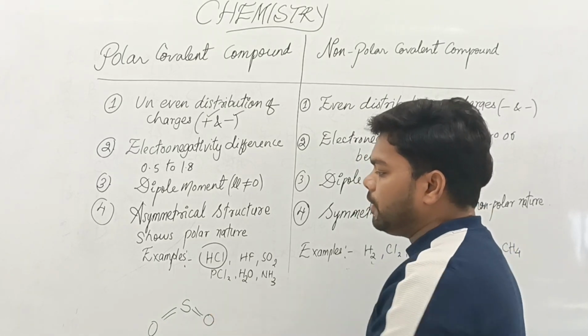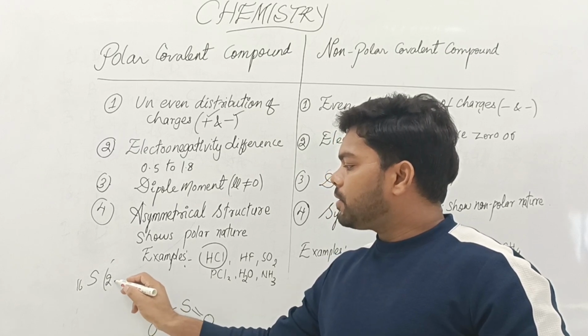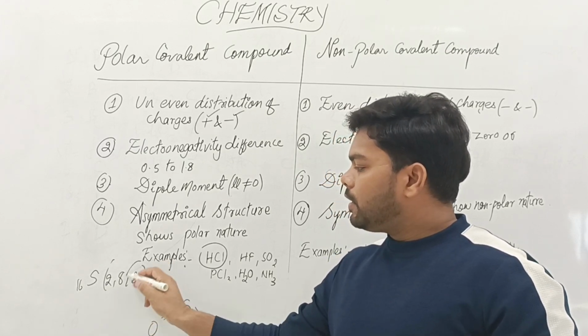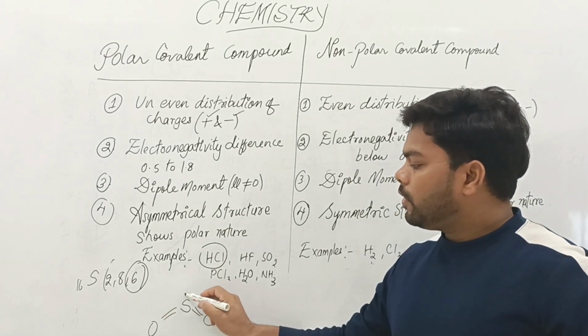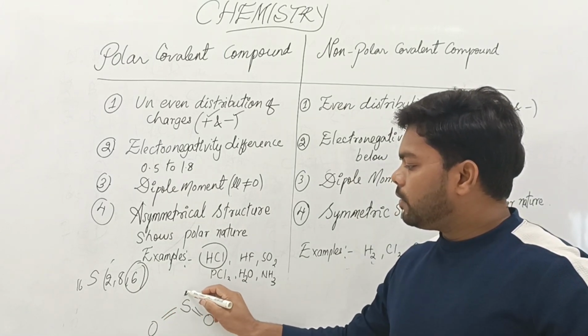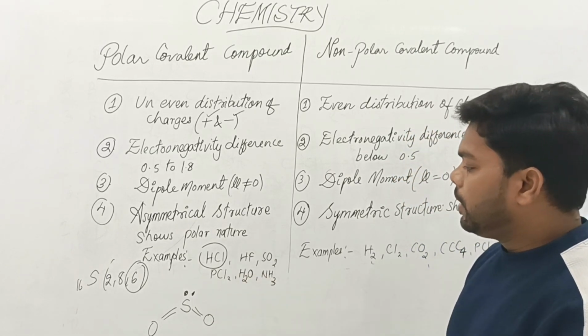Sulfur has atomic number 16, right? So the electron structure is 2, 8, 6. It has 6 valence electrons. 4 have been utilized, 2 are unbonded, so this is a lone pair of electrons.